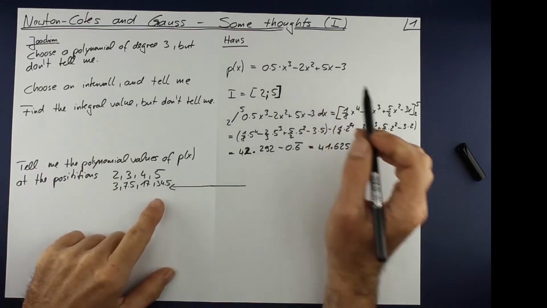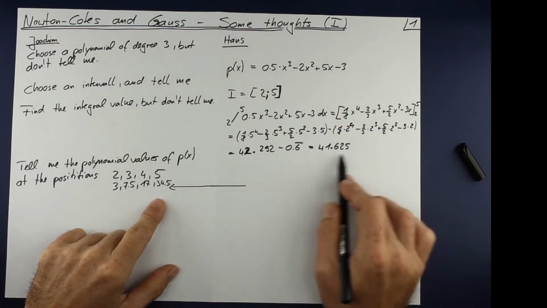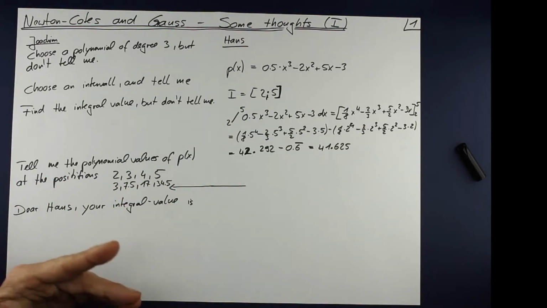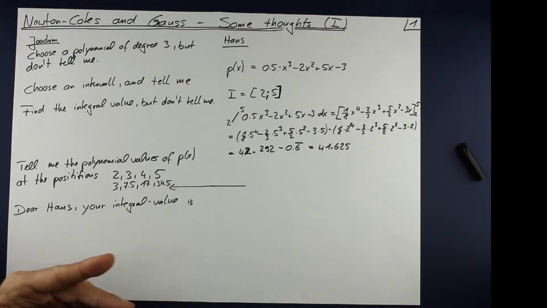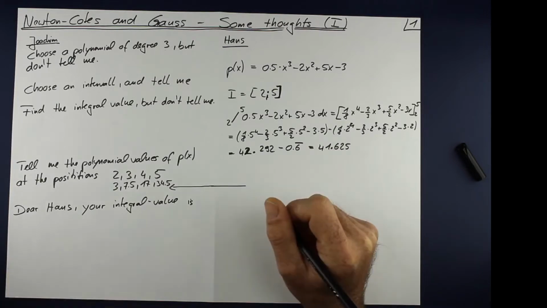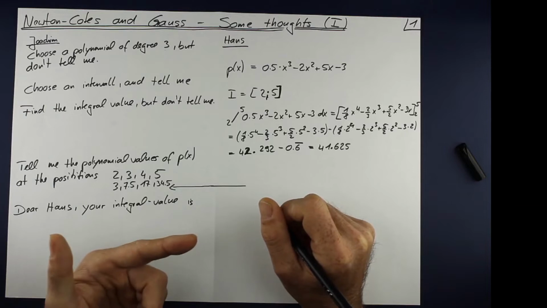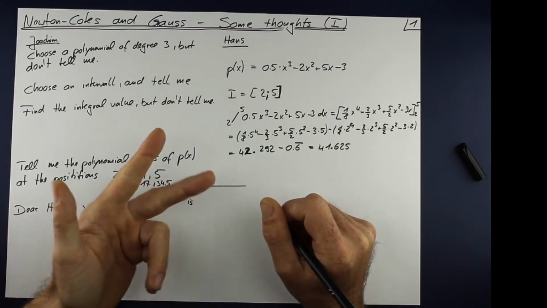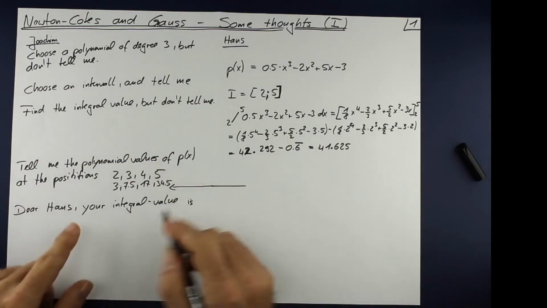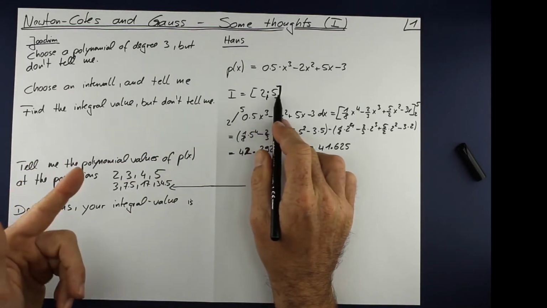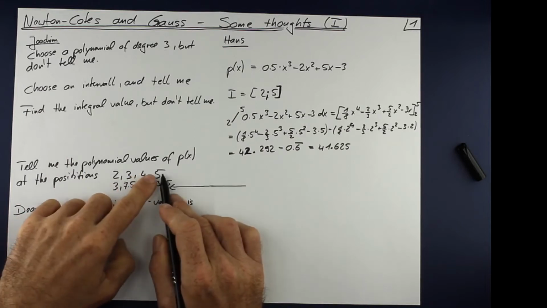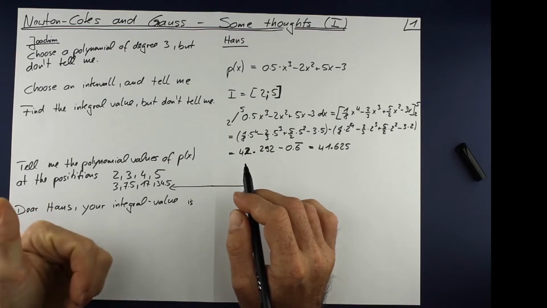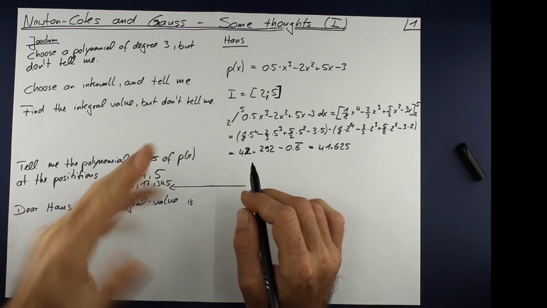Then I tell Hans I know this number. And how do I do it? I use the Newton-Cotes formulas for degree 3. In this situation, the positions for the standard interval are 0, a third, 2/3, and 1. And then for the interval 2, 5, this gives us 2, 3, 4, 5. And the weights out of the table we know are 1, 3, 3, 1 divided by 8.